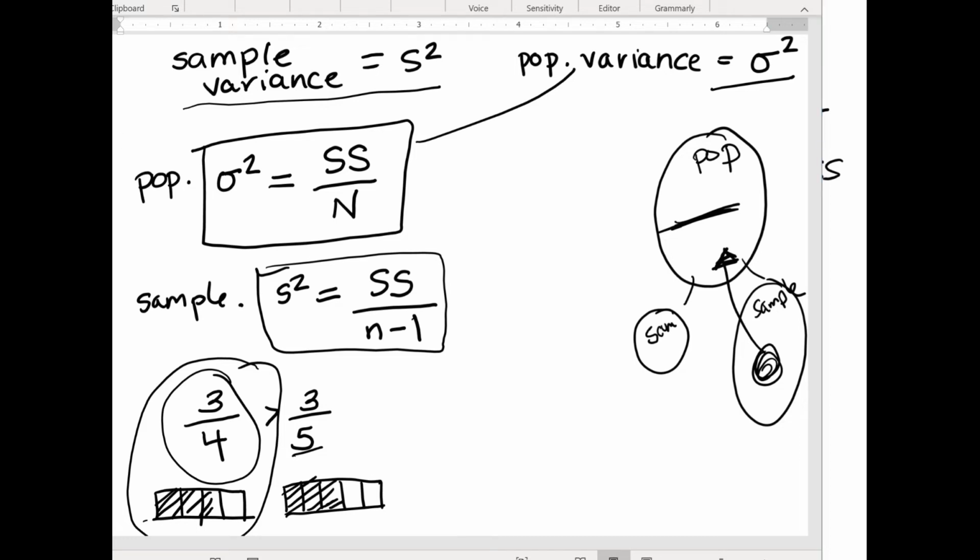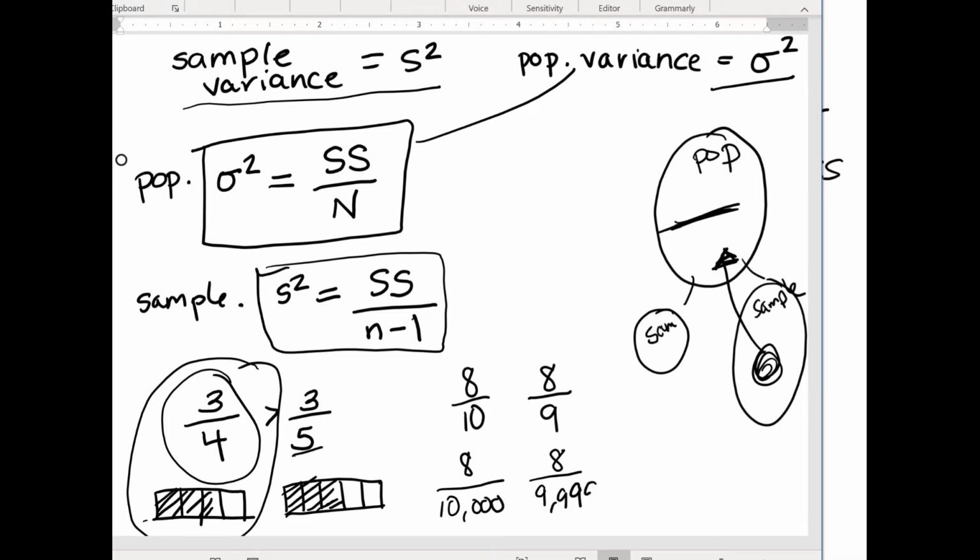Now, when do we think this matters more? Well, let's say I had a sample size of 10, then the difference between something over 10 versus something over 9, let's say 8 out of 10 versus 8 out of 9, that difference is going to be a lot bigger than 8 out of 10,000 versus 8 out of 9,999, right?